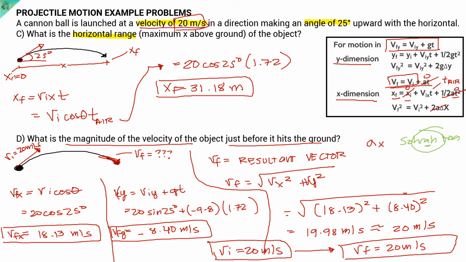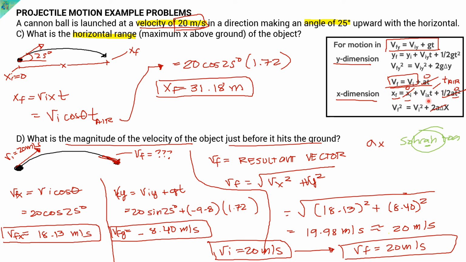Okay, recap. Recap for letter C. Again, we are searching for the horizontal range, that is XF. Upon looking at our formula here, we have seen that for XF we should use the second formula, but XI should be 0 and acceleration should be 0. We are left with XF is equal to VIXT.